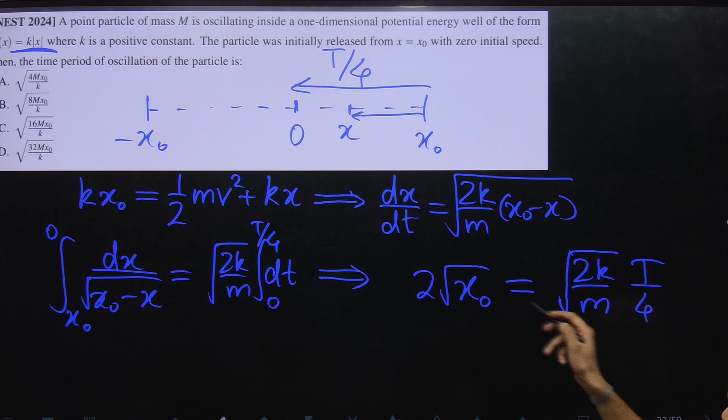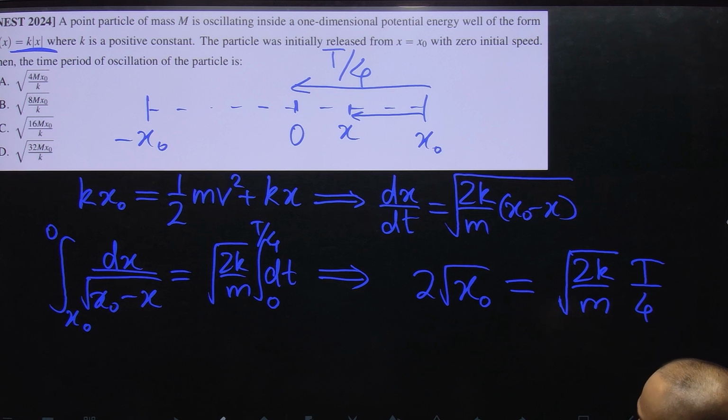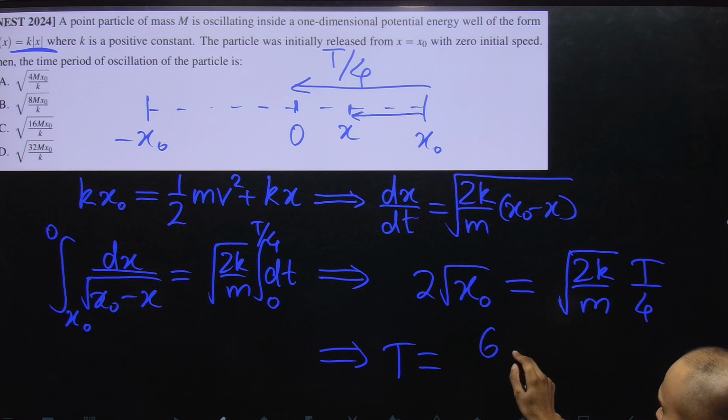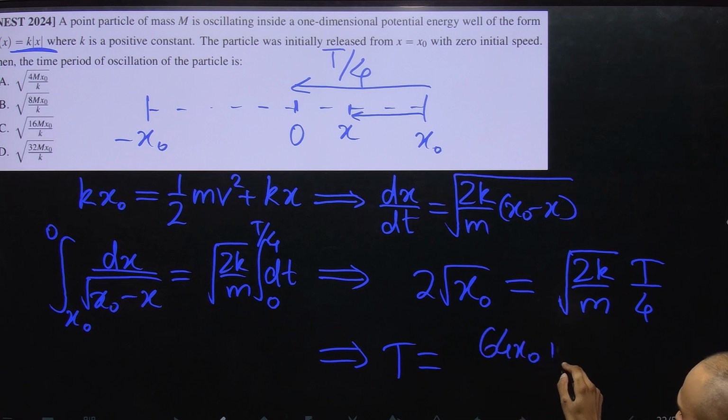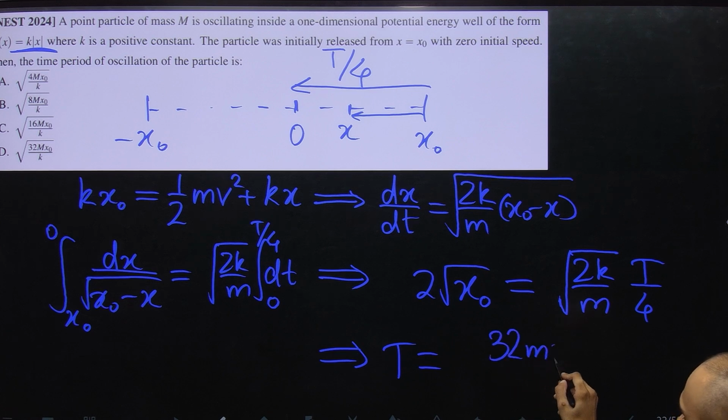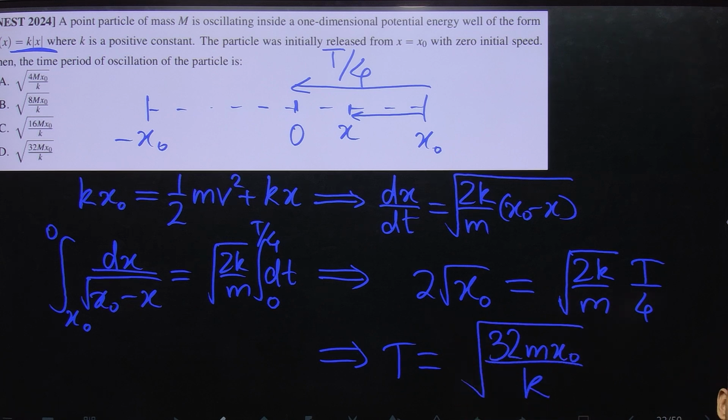We take 4 to the other side, we will get 8, and bringing 8 inside the square root, we get 64. So from here we get the value of T as 64 x naught into m upon twice of k, that is 32 into m x naught over k, which is the time period of oscillation.